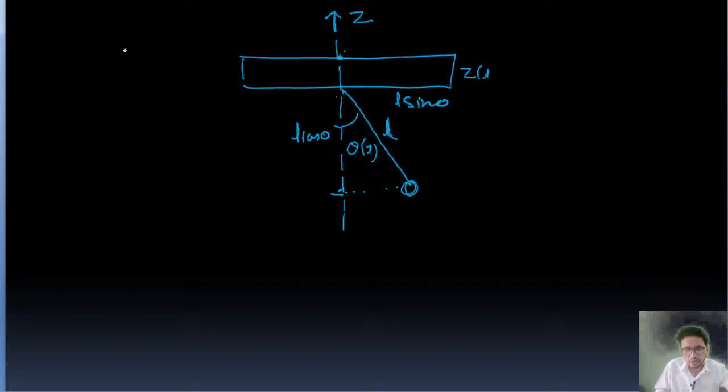Now we can write the generalized coordinates, and first simply write the Lagrangian for the given system.